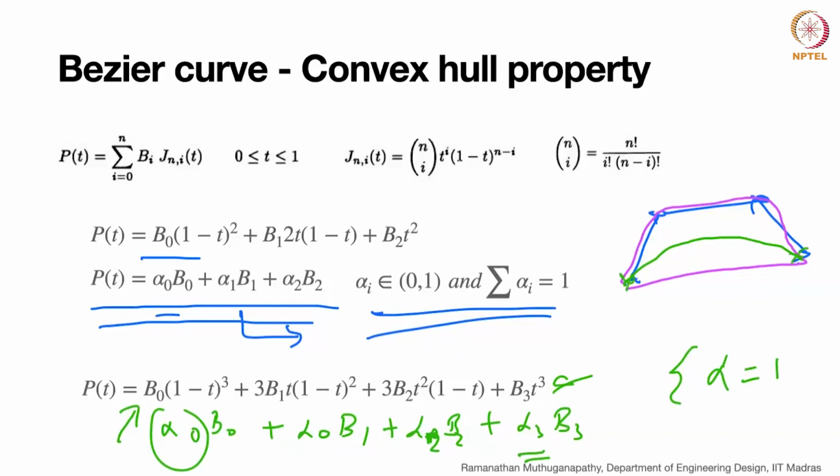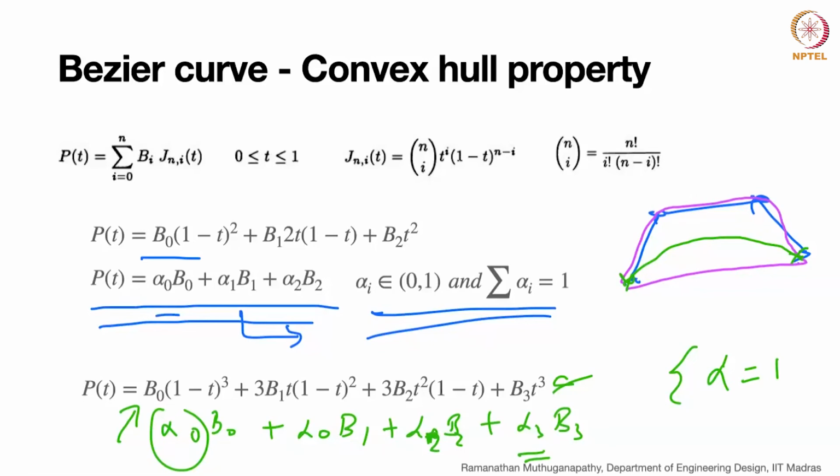Sir, is it understandable that except alpha naught and alpha n, all the other alphas are dependent on alpha naught and alpha n? Correct. It depends on the other one in the sense that it won't go to zero. All the others simultaneously won't go to zero except one. That is because t takes some value other than 0 and 1.